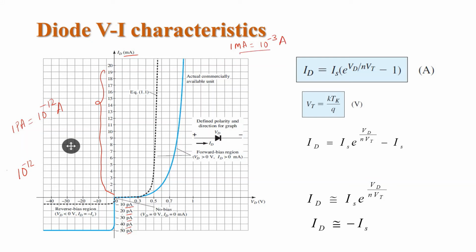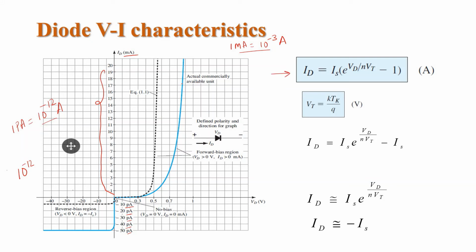So milliampere is a larger current compared to picoampere, which is a very small current, 10 to the power minus 12 ampere. In the reverse bias condition, the current's magnitude is very small, whereas in the forward bias region, the diode current magnitude is very much higher. And I told you that this dashed line curve represents the VI characteristics of the diode according to the diode equation.